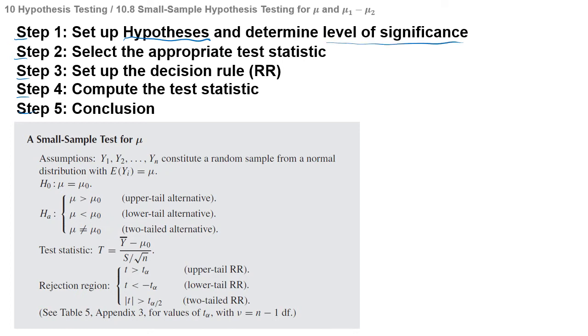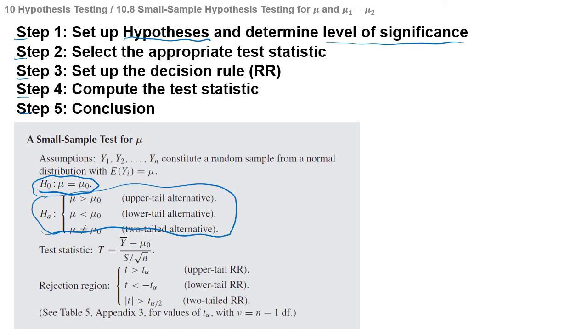Usually you can find this from the question itself. After reading the exercise problem, you will discover the underlying hypotheses, the null hypothesis and the alternative hypothesis.